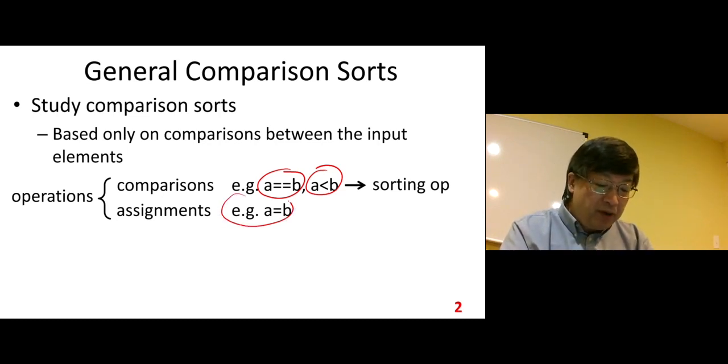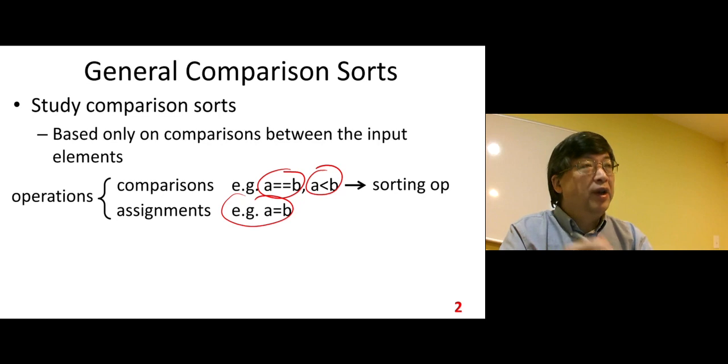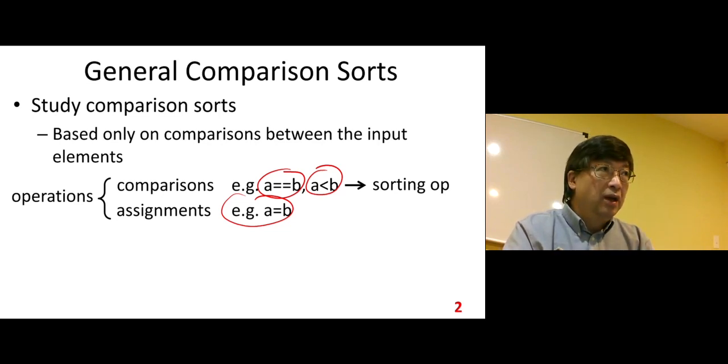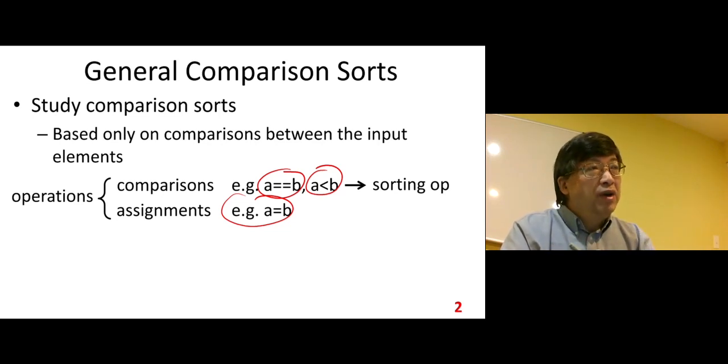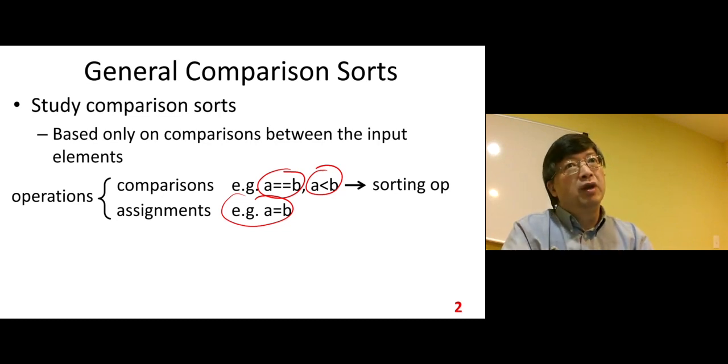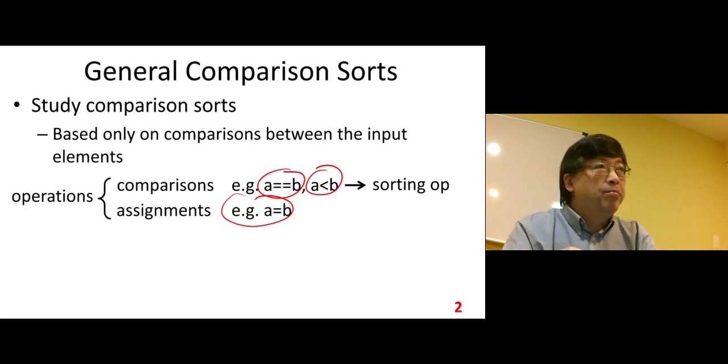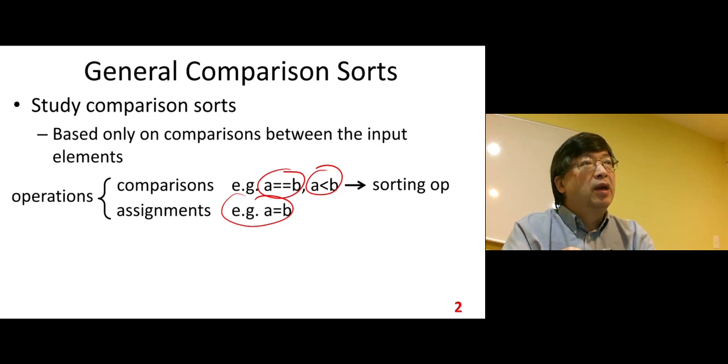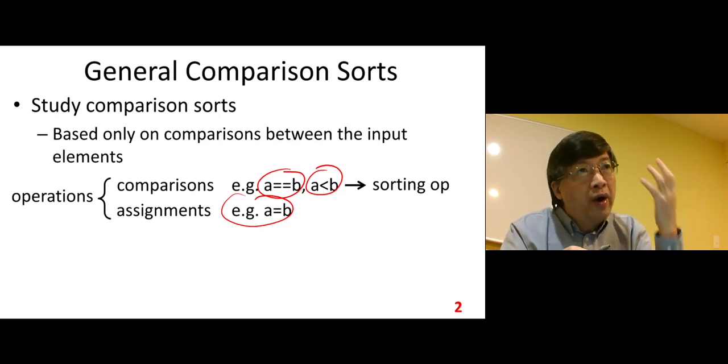But for assignment, we assign one value, one variable to another variable. Although we need this operation to arrange our data, usually if you only use assignments, you cannot sort your data. So you have to do the critical, important comparisons.